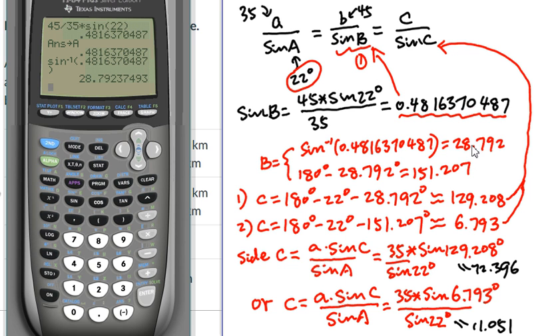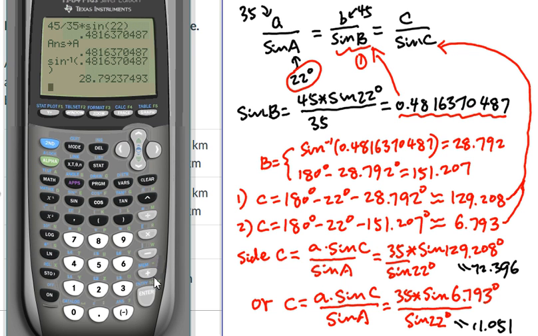Remember, once you have this angle, there is another angle which has this sine value as well. 28.79 degrees, if we use 180 minus that, you have 151.207 degrees.